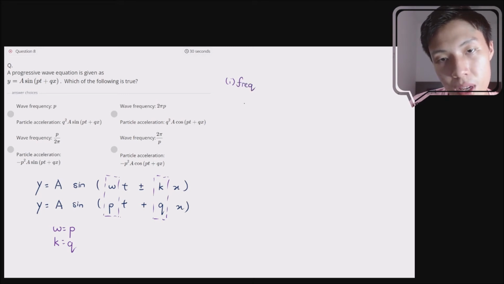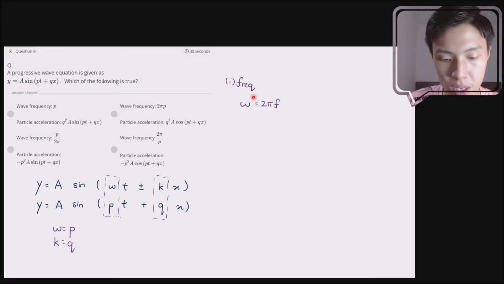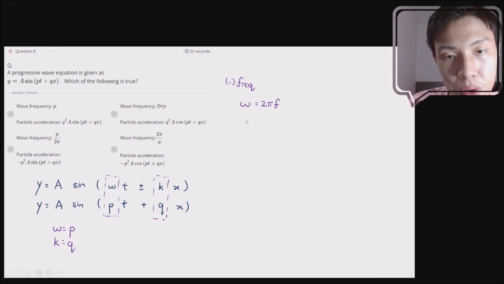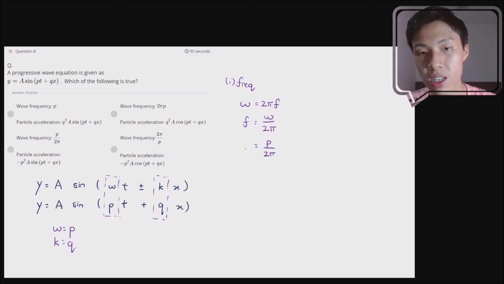You know that omega is equal to 2 pi frequency. We have to relate it to the things that we know, which are omega and k. So we know omega is equal to 2 pi times frequency, so frequency will be equal to omega divided by 2 pi. Omega is p, so p divided by 2 pi will be the frequency.